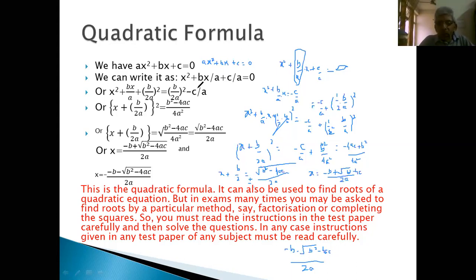So we have got two roots, and now we'll see their relation also.